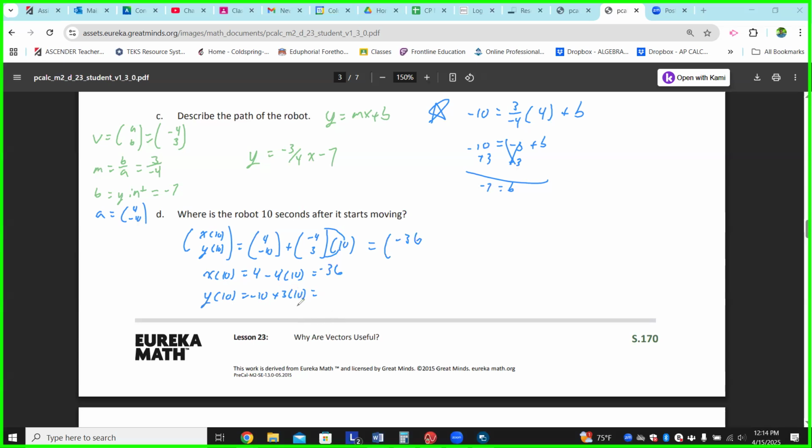And on this one, 3 times 10 would be 30 plus -10, 20. So that means that the robot after 10 seconds would be left of the origin by 36 spots and then up 20 spots. Actually, I guess left 36 meters, up 20 meters, since it did give us the meters earlier.